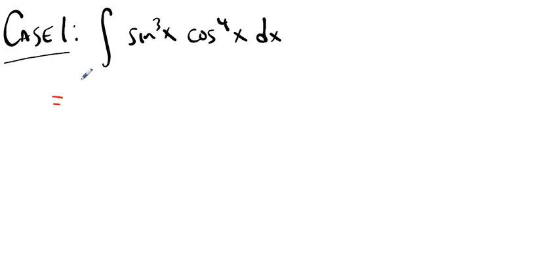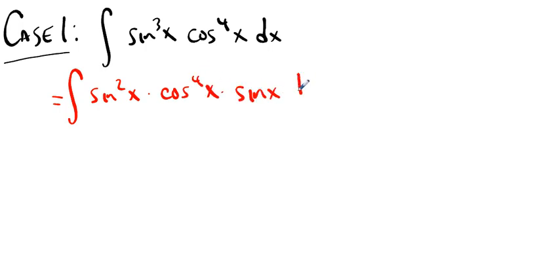So here's a case one. You've got the integral of sine cubed x cosine to the fourth x dx. Now the technique was to break off a sine x, sort of leave it hanging out here. What advantage is there to leaving a sine x hanging out here? Well, it's not obvious.